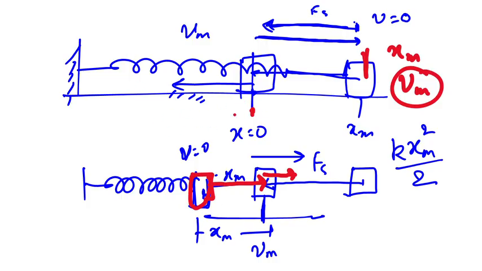Okay, and the same argument we can carry forward to the other side. Here, velocity is 0, kinetic energy is 0, and potential energy is maximum. So we can plot kinetic energy and potential energy in a single graph, and then do a comparative study.